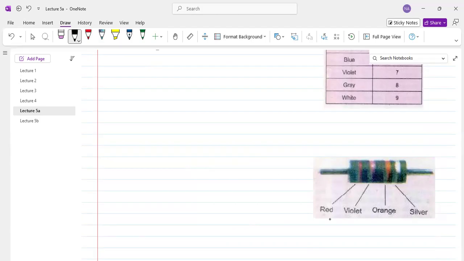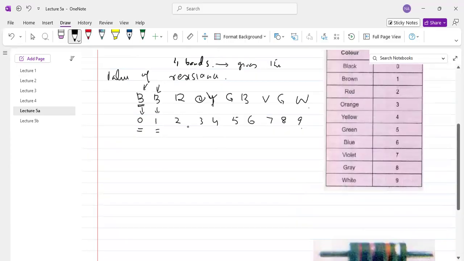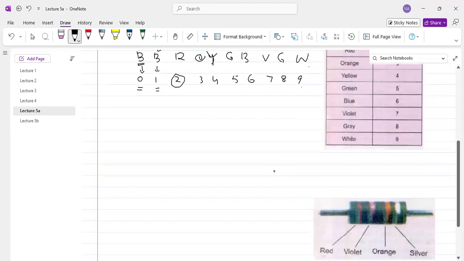In this example, the first band is red. What is the value of red? The value of red is 2. So in writing our value of resistance, the first digit is 2. The second band is violet, and the value of violet is 7.